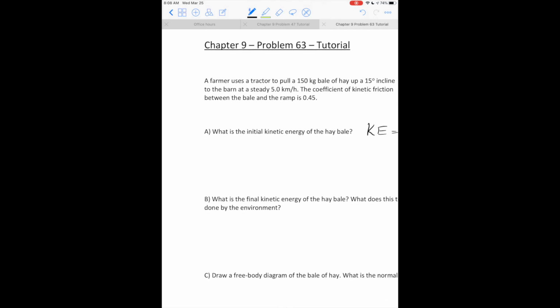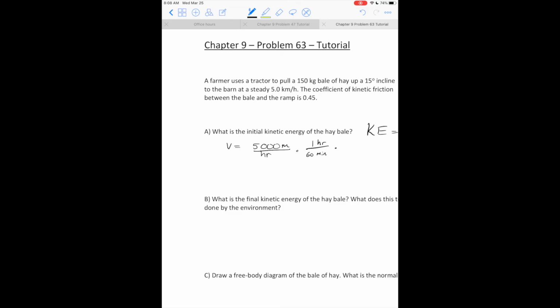initially the kinetic energy, we can find that if we knew the velocity of this hay bale. Velocity is 5 kilometers per hour, so 5,000 meters per hour. Let's turn that into seconds though. So I've got hours up here, and let's do minutes down here first. 60 minutes in 1 hour.